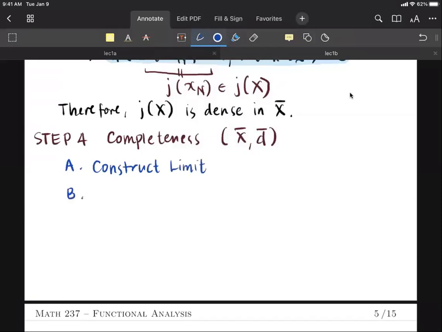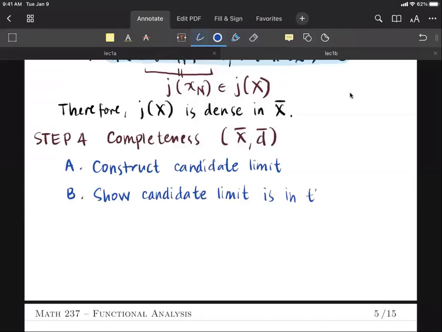Second, we need to show that this candidate limit, to be precise, lies in the space.